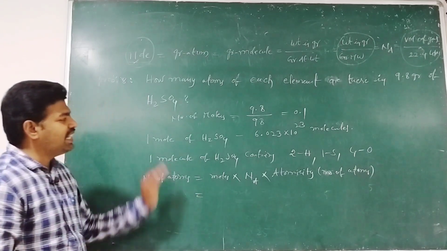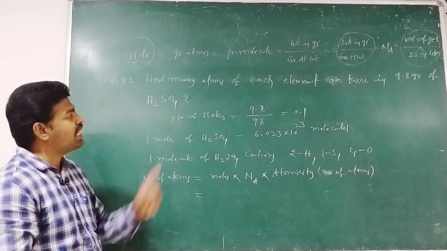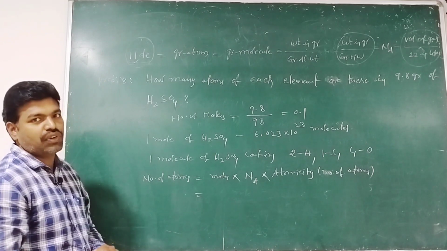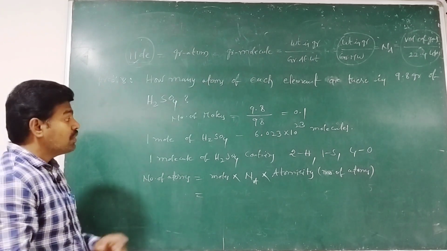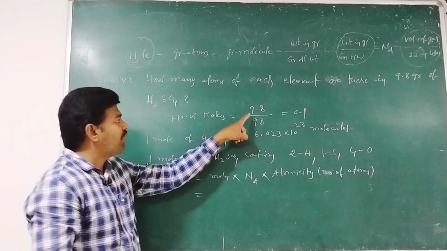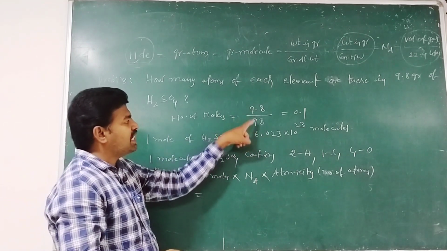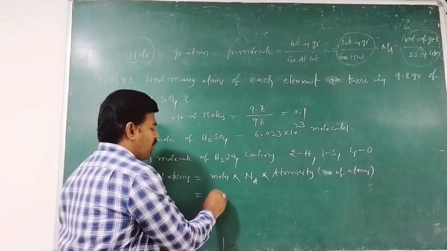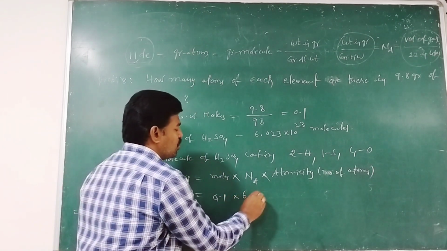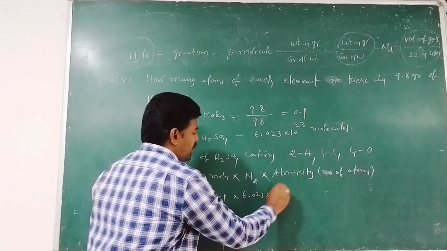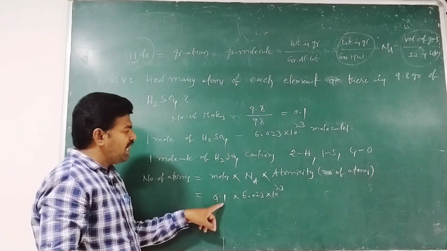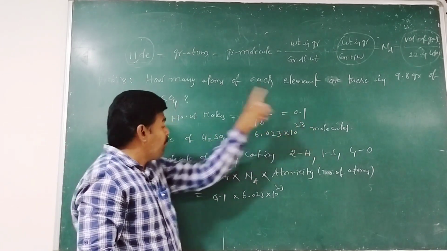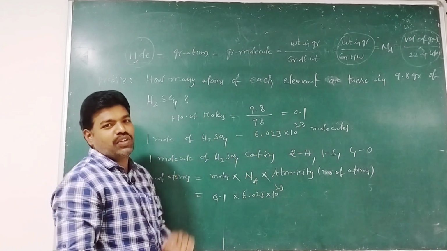Now we calculate the number of hydrogen atoms in 9.8 grams of H2SO4. 9.8 grams of H2SO4 is equal to 0.1 mole. So the number of moles is 0.1 and Avogadro's constant is 6.023 into 10 to the power of 23, because 0.1 mole contains 6.023 into 10 to the power of 23 molecules, and one molecule of H2SO4 contains 2 hydrogen atoms.